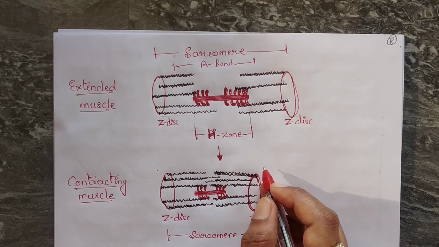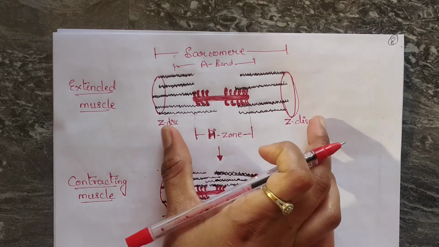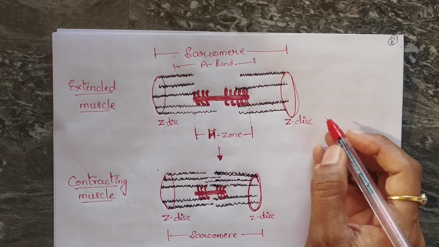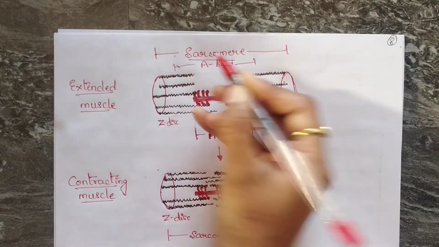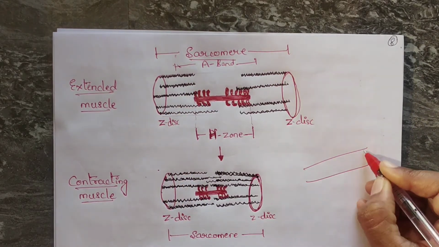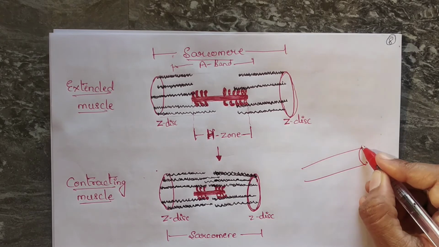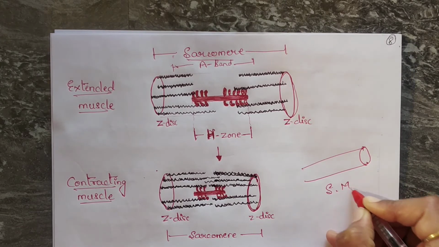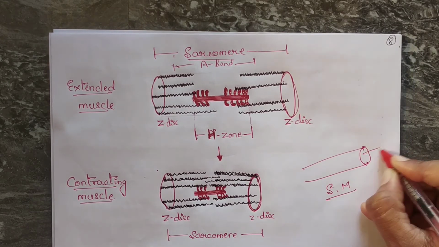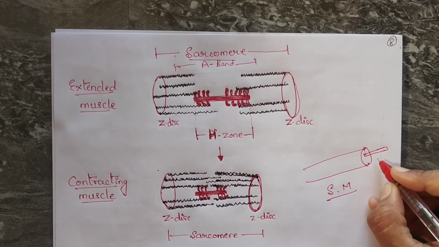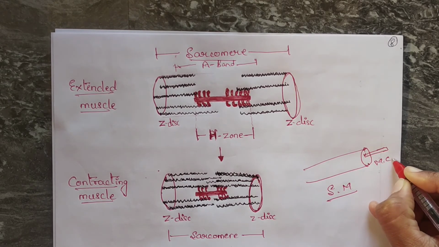Here you can see the structure of the sarcomere. We know that this is the skeletal muscle, where we are going to see the muscle cell or muscle fiber.